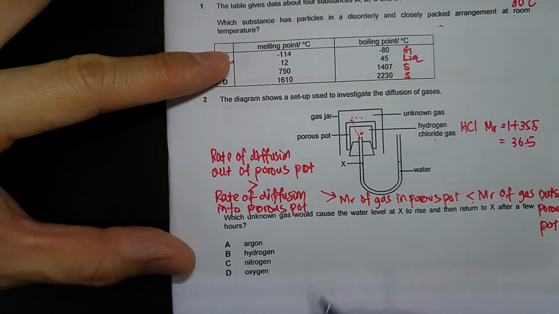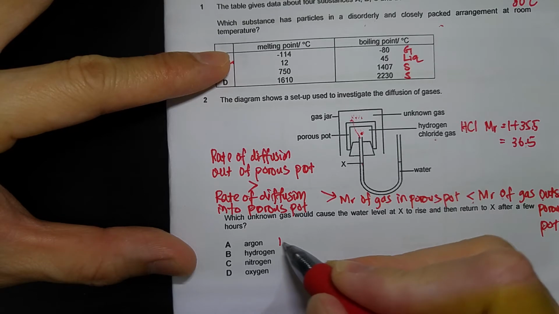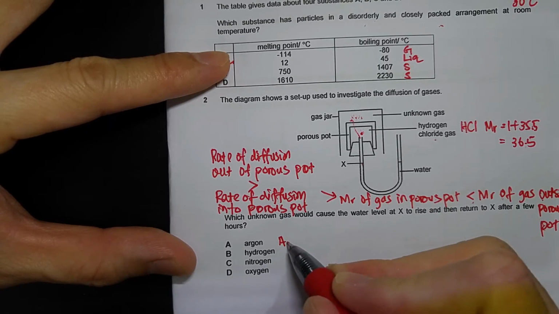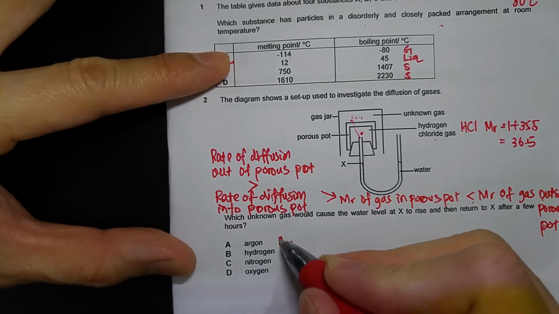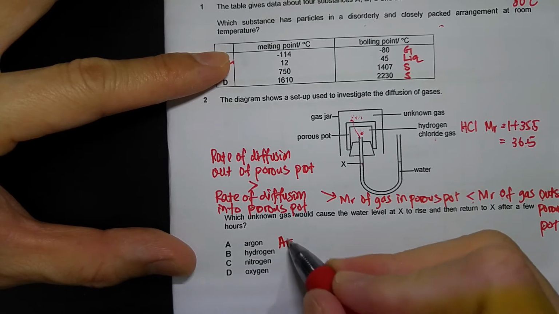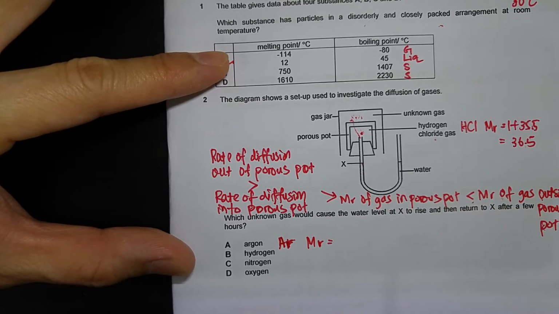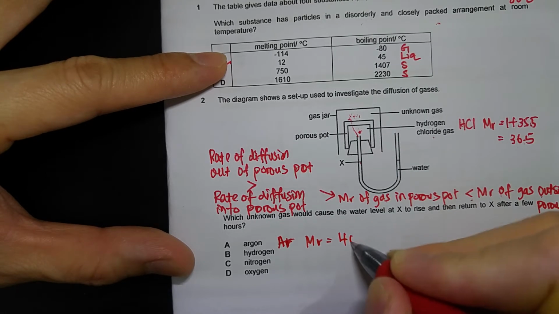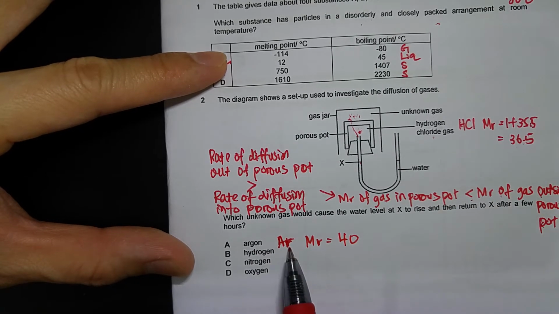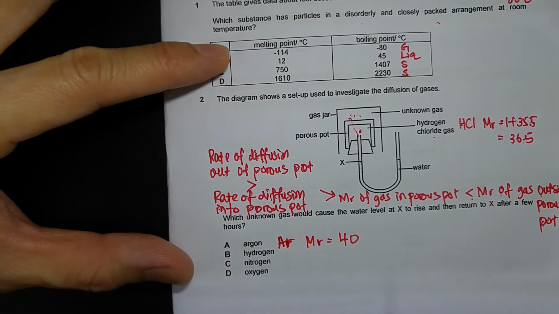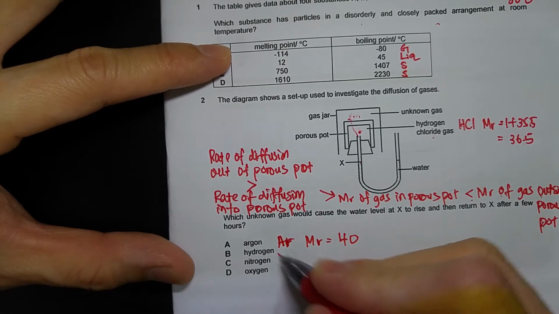So we have to calculate for each gas. What is argon? Ar, right? The chemical formula for argon is Ar. It is monatomic, so the MR is 40. How about hydrogen?